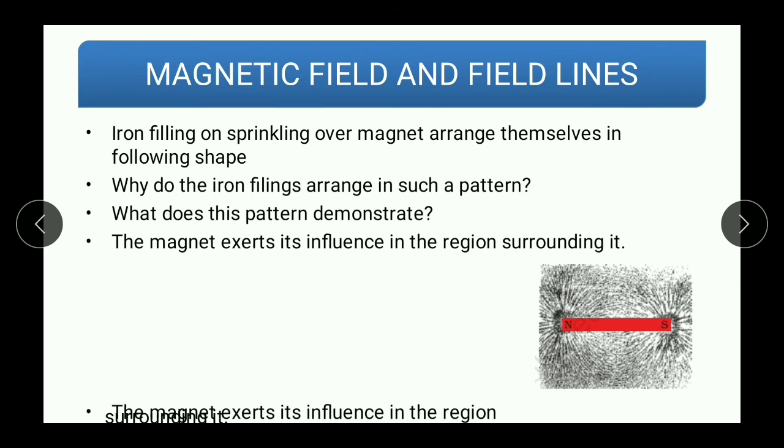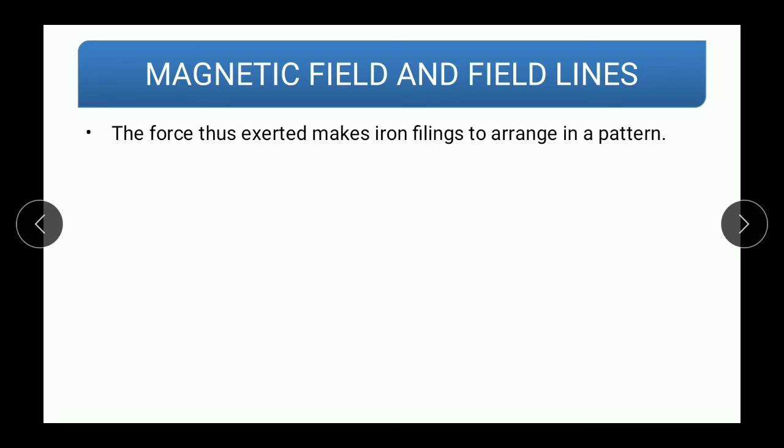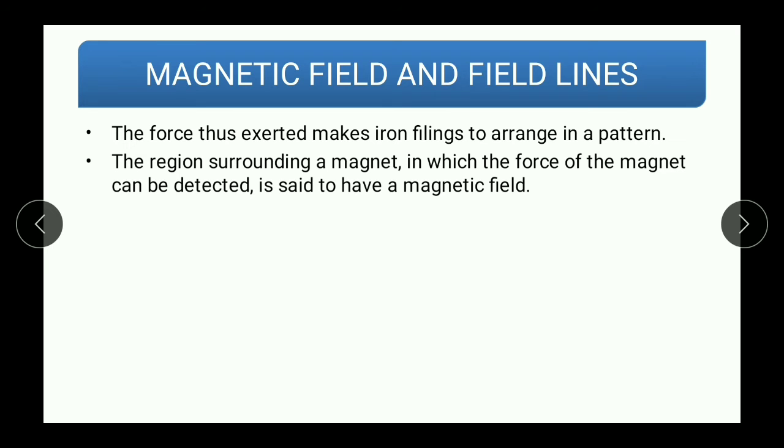To conclude, we can say the magnet exerts its influence in the region surrounding it. Let us move on to the next point. The force thus exerted makes iron filings arrange in a pattern.